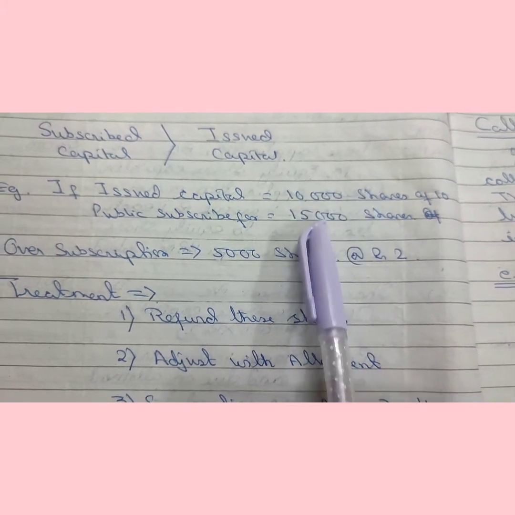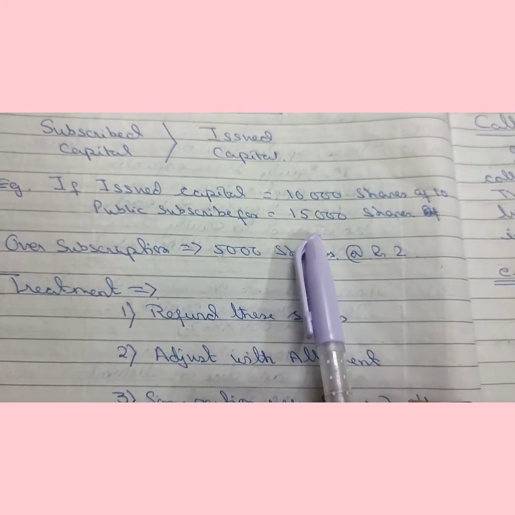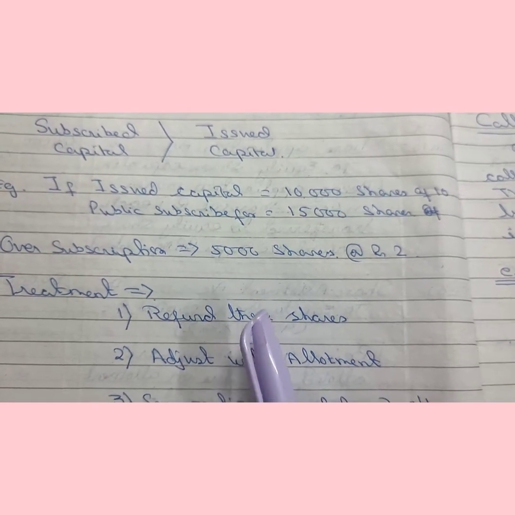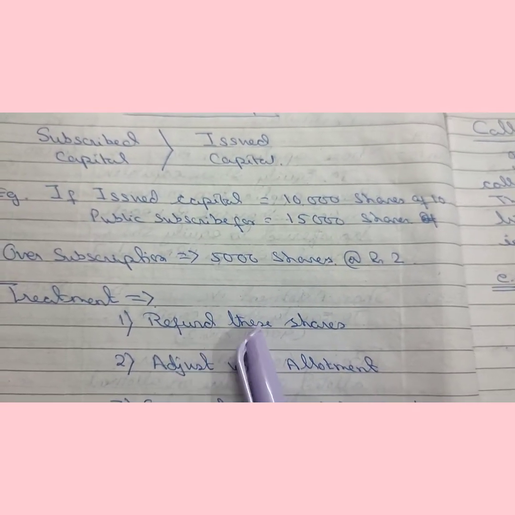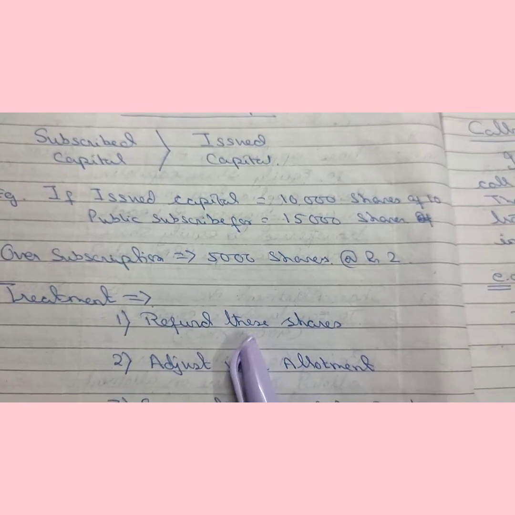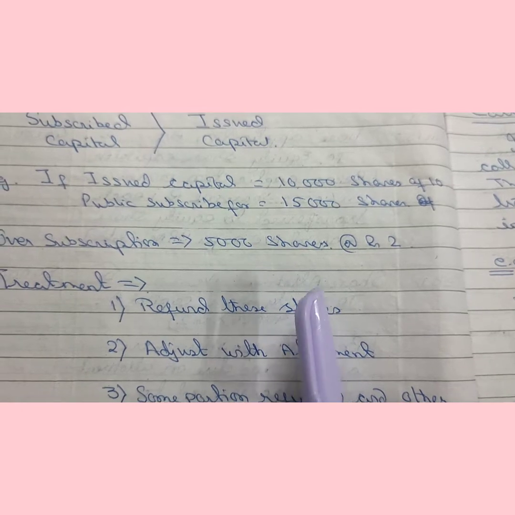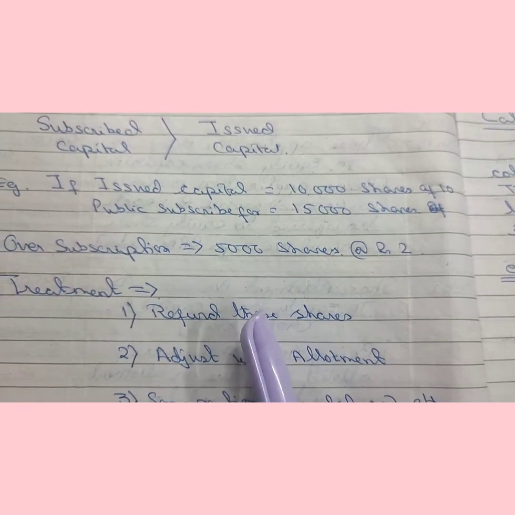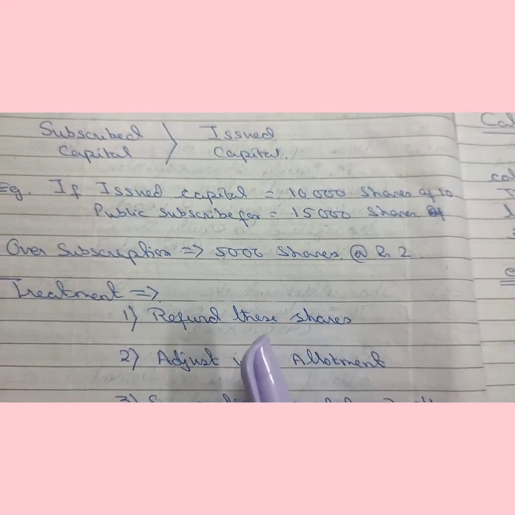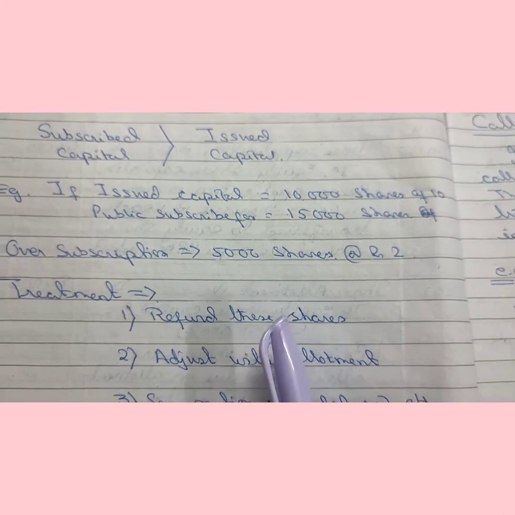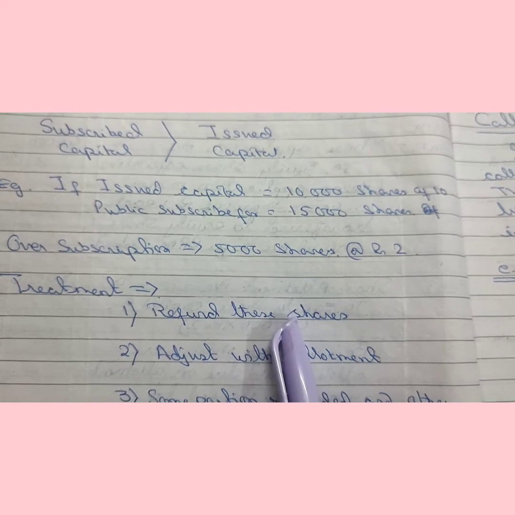So the ratio between these is 2:3. Suppose a person applied for 3 shares, the company can allot him or her 2 shares and the value of 1 share may be refunded by the company. This is the first way to adjust the oversubscription amount.